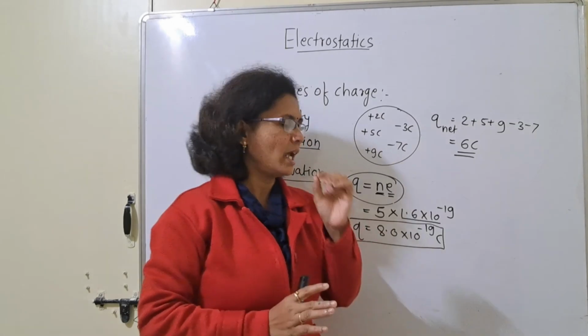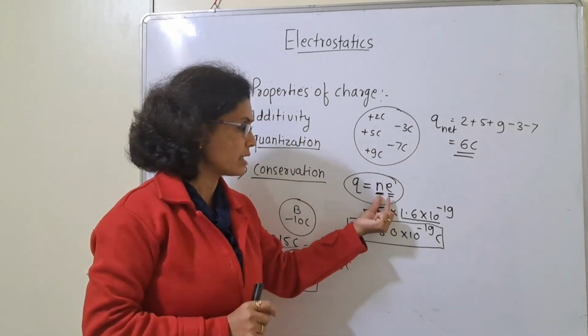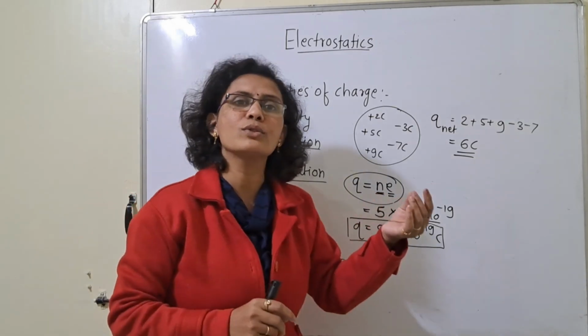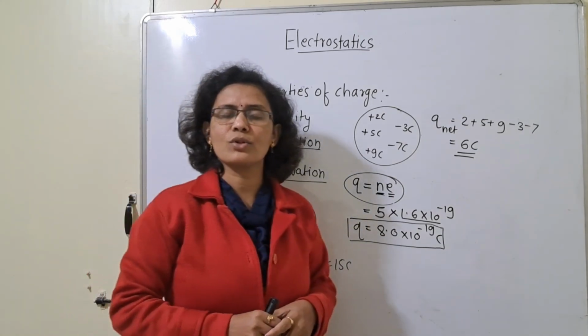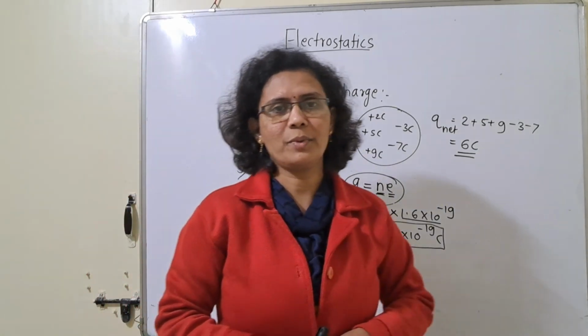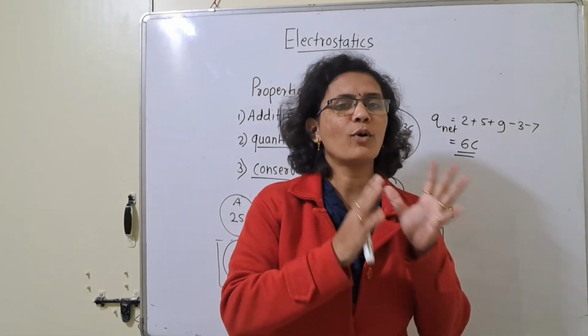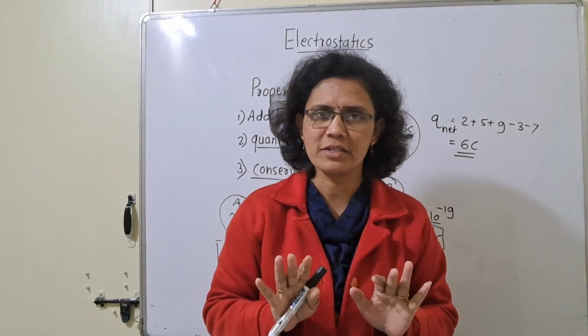So it can be transferred in the form of integral multiple of individual charge, that is here Q is equal to Ne, where N is 0, 1, 2, 3 and so on. And last is conservation of charge, means charge cannot be created nor destroyed, but charge can be transferred from one body to another body and the charge of the system remains constant.